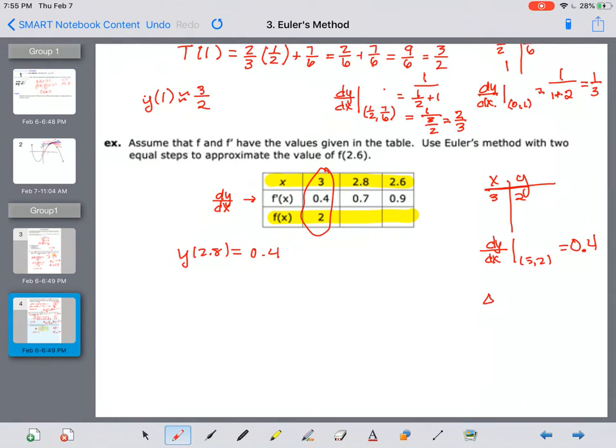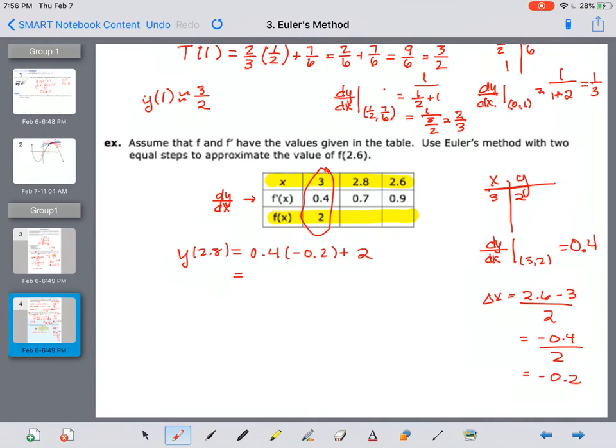So if we think about our change of x, 2.6 minus 3 over, and we're doing 2 steps again. So we get negative 0.4 divided by 2, which gives us negative 0.2, which is kind of easy to see from the table, but here's the calculation for it. So our slope right there of 0.4 times negative 0.2 plus our y value of 2.